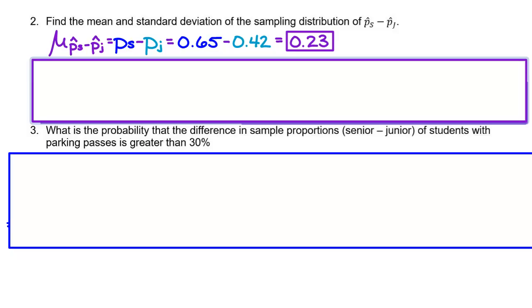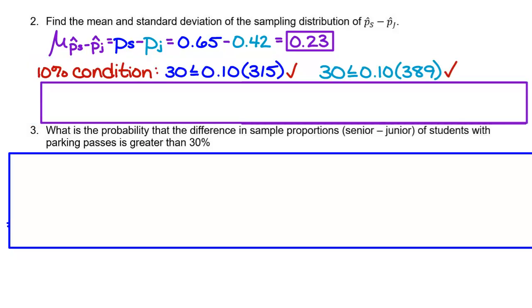There are 315. What's the maximum number of seniors we could sample and still meet our 10% condition? 31.5. Are we sampling more than that? No, so we're good there. What's the maximum number of juniors we could sample and still meet our 10% condition? 38.9. So we are less than 10% on both of those.